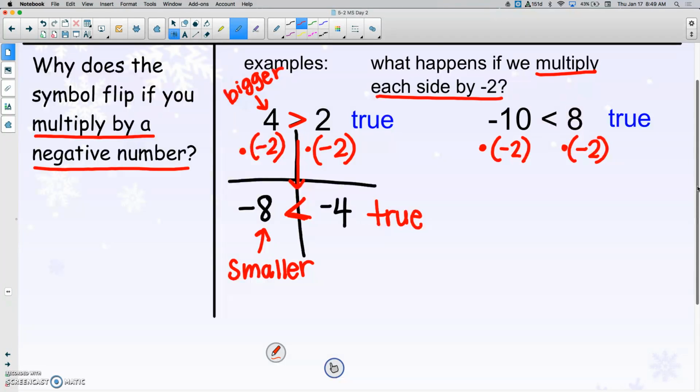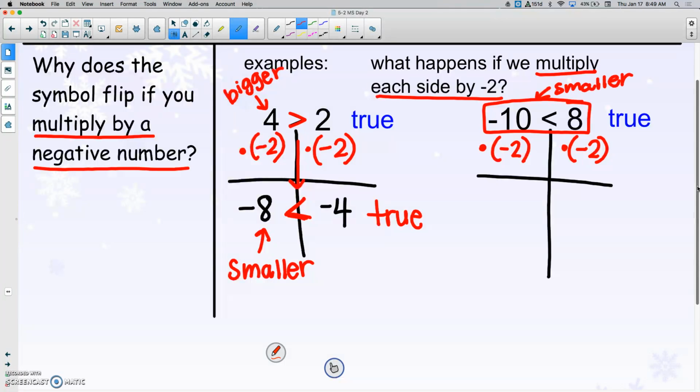So this time we've got a positive and a negative number to show. We started with -10 is less than 8. That's true. A negative number is always smaller than a positive number.